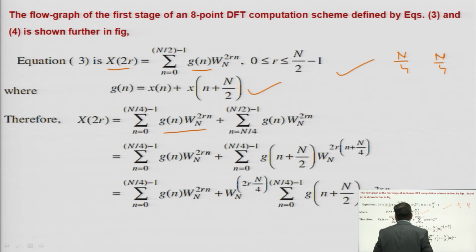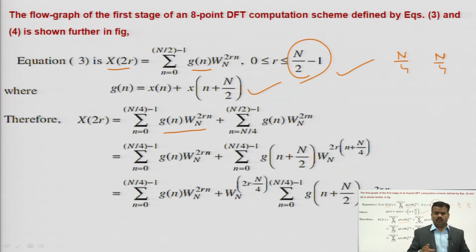Okay. So, you have to go 0 to n by 4 minus 1 g n into this one, and again from n by 4 to n by 2 minus 1, because you are splitting your n by 2 sequence. You are dividing, you are decimated, you are decomposed your n by 2 sequence into 2 equal parts.